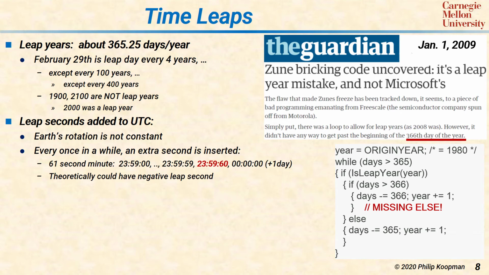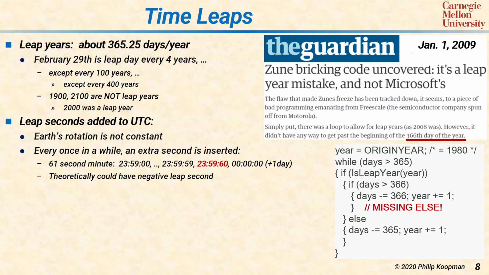If you have software that assumes that there's always 60 seconds in a minute, that software has a bug because leap seconds will break that assumption. Theoretically, you could have a negative leap second as well. That hasn't happened yet, so it'll be interesting to see which systems break when that happens. Now you can skirt all this stuff by using GMT instead of UTC, but for applications that use UTC, you have to deal with leap seconds.